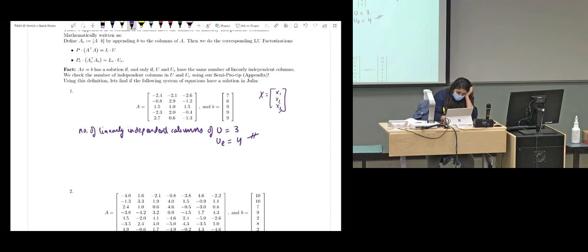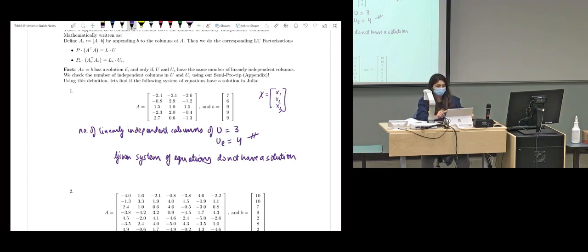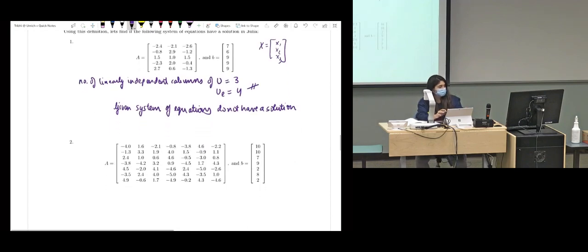So I can say that the given system of equations does not have a solution. Which was easy, otherwise I would have sat down and tried to compute all these different things. But I know that a solution doesn't even exist.